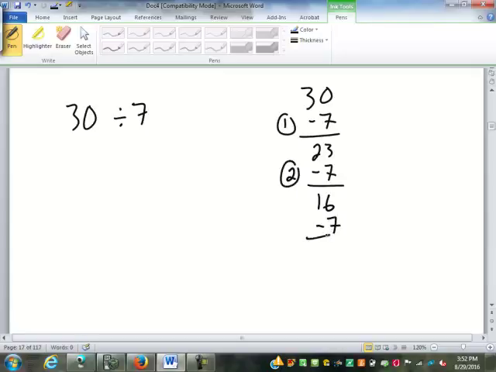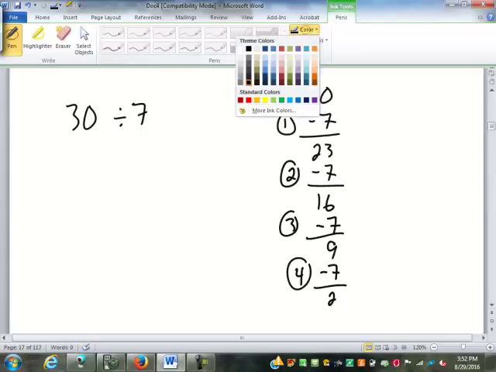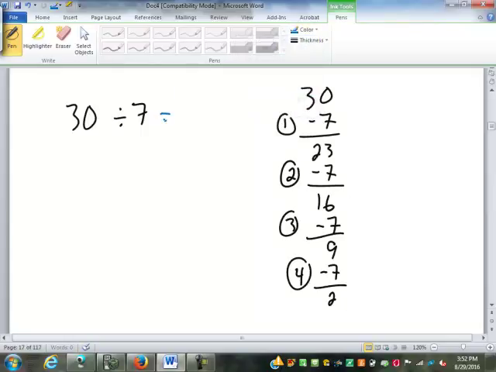Yep, what do I get? 9, so that's 3 times. Can I subtract it again? Yep, I get 2. That's 4 times. Can I subtract it again? Not unless we're going negative, can I? So, 30 divided by 7 is 4 with a remainder of 2 because I can subtract 7 from 30 4 times with 2 left over.